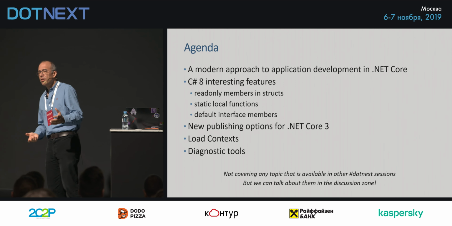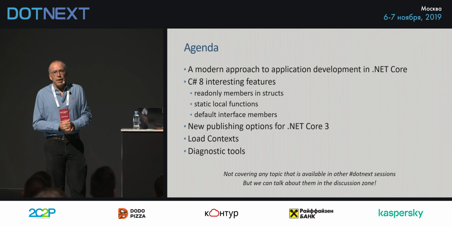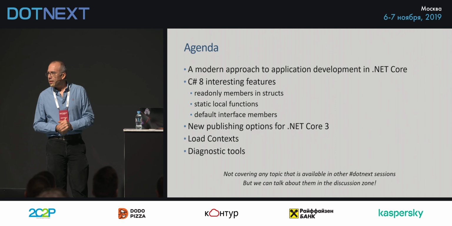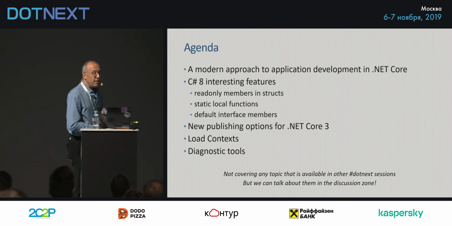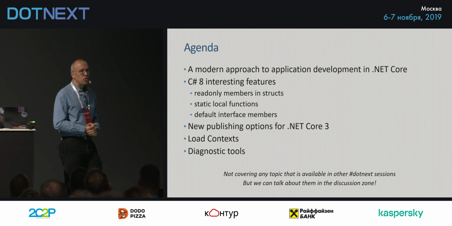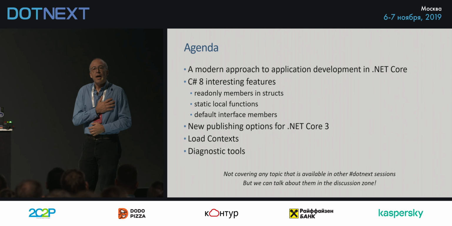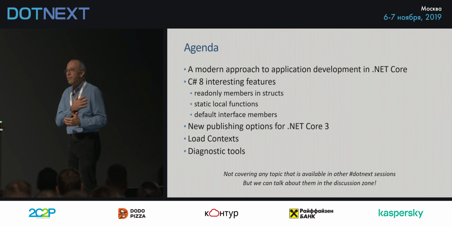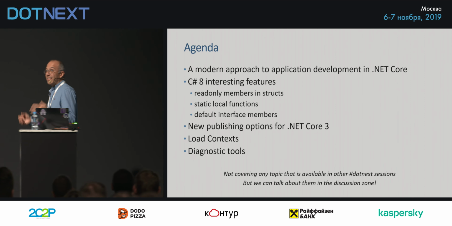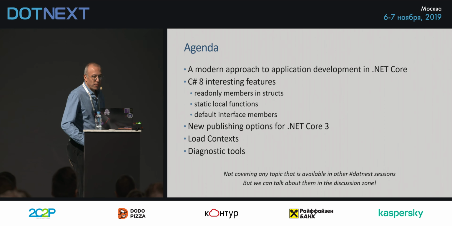Then the static local functions, which look like something impacting performance, but we will see later. And the default interface members, which generally cause every man a heart attack, because we are talking about adding a body to the members inside the interface, which is totally scary, and we will see.